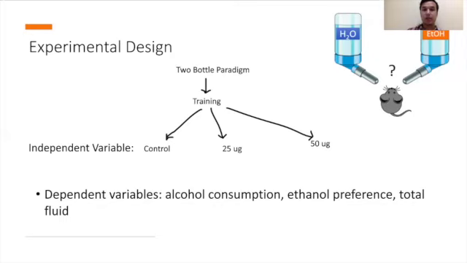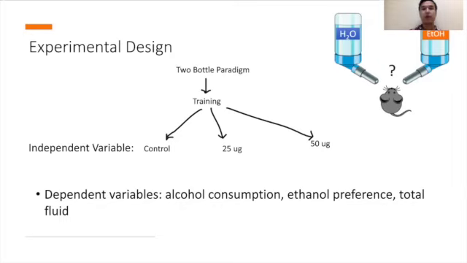And the experimental group here were the mice injected with 25 or 50 micrograms of LSD, and the control were injected with a saline solution just to make sure that everything was in proper order. And the mice were then put back into their cages, and water bottles were replaced with bottles containing water and ethanol after 10 minutes of being injected with LSD or saline solution.